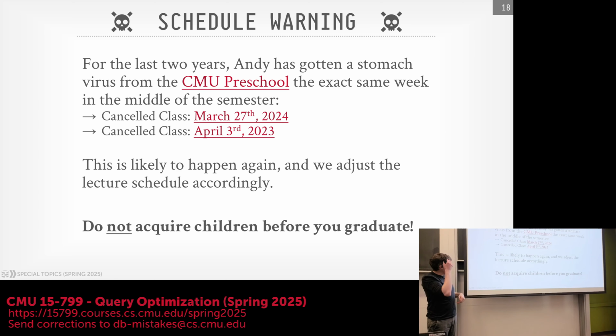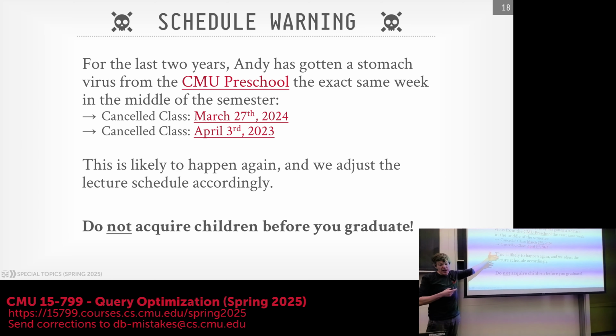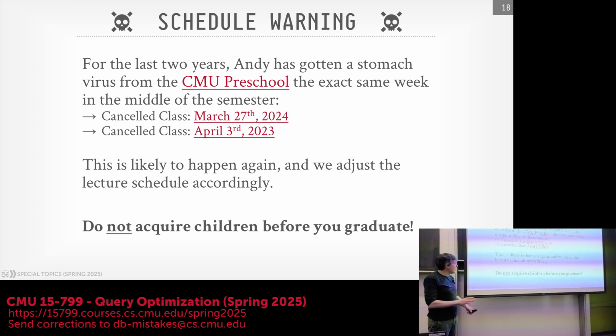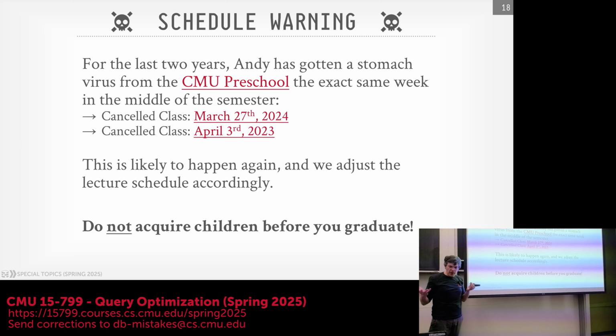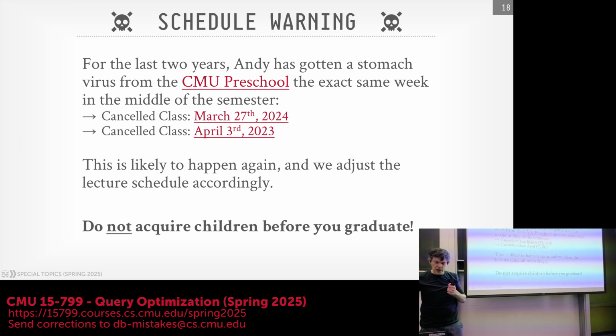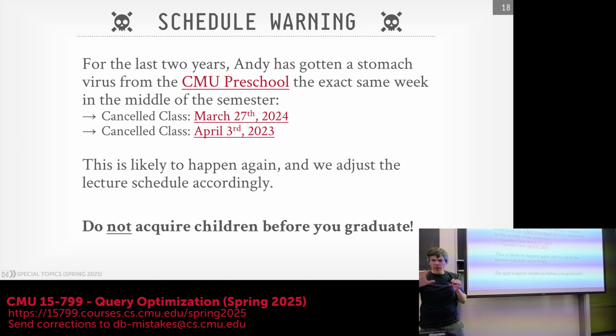And so this is probably going to happen again. So I just want to warn everyone, I may have to cancel class at the end of March. Not because I want to, because it's awful. So if that happens, we'll adjust the lecture schedule. Maybe we drop the Microsoft one, but all the due dates for the projects and the reading assignments and synopsis will still be the same.